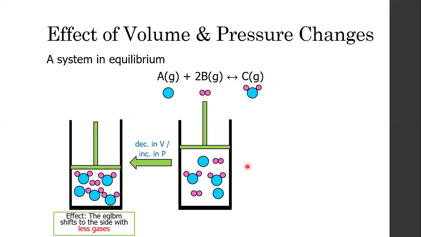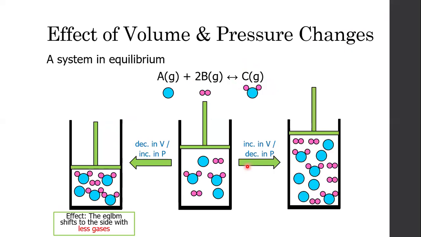Okay. And then if we do the opposite, we try to increase the volume or decrease the pressure, then the equilibrium will shift to the side with more gases. Okay? So you just try to remember that when we make the space for the gases more cramped, they would find a way to make it less cramped.